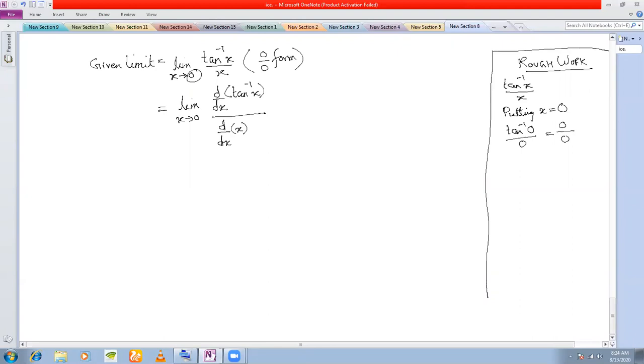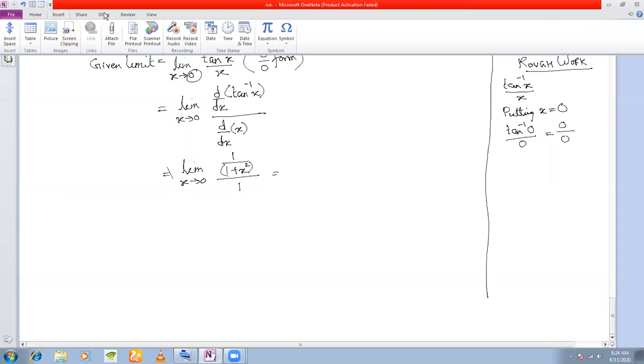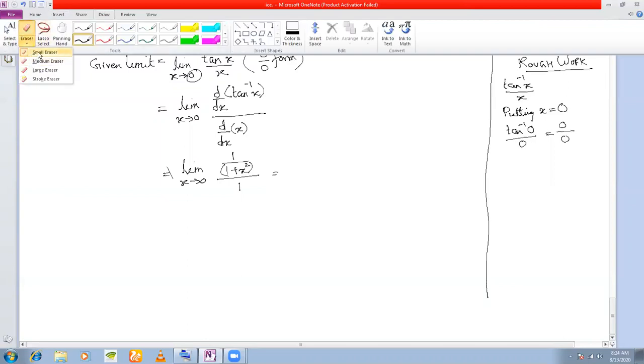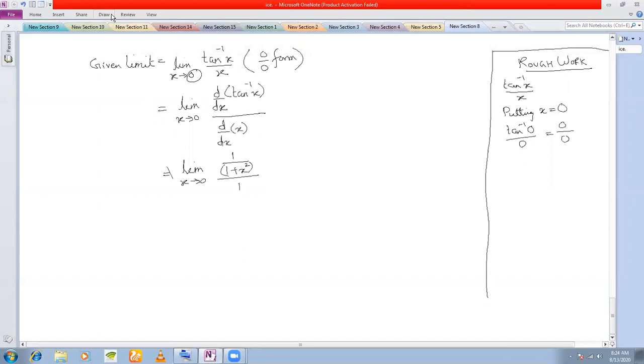What you get here is d/dx of tan inverse x, which you know to be 1 by 1 plus x squared, and d/dx of x is 1. Just simplify this: limit x tends to 0 of 1 by 1 plus x squared.